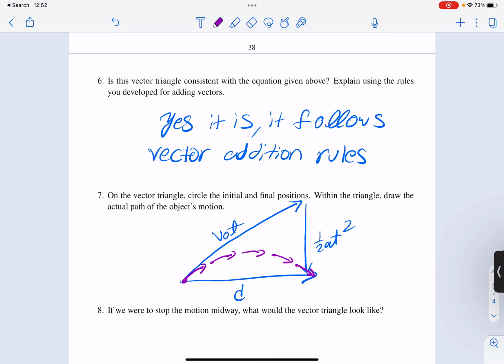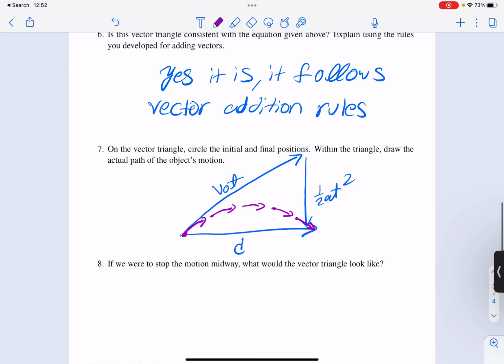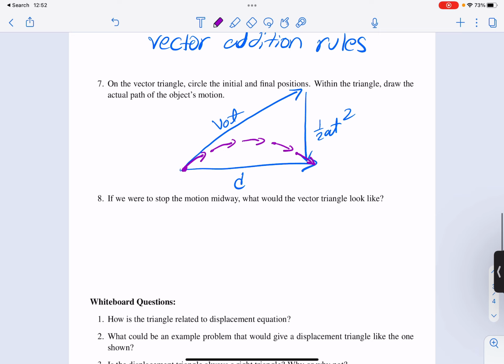So the acceleration was constantly downward while the object was moving across the room. What I usually do is I throw a marker at a student at this moment. So if you want, play catch with your friend, and you'll see that as you throw it up, it accelerates downward all the way through, and you end up with your displacement in a straight line.